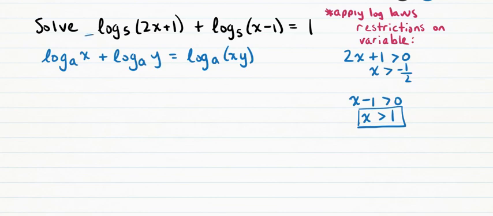Okay, so using this logarithm law, the product law, we can rewrite the left-hand side as a single logarithm. So the logarithm base 5 of the product of 2x plus 1 times x minus 1.